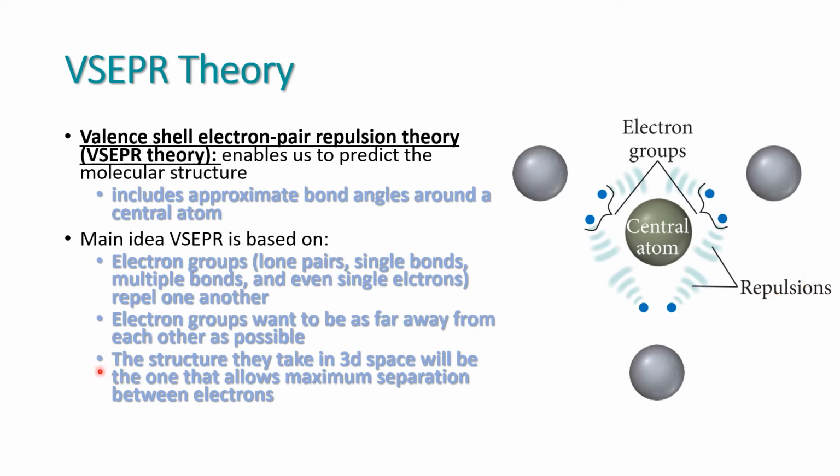So the shape that the compound will take is the one in 3D space that will allow the most separation, the most space between those electron groups. That's the main idea about VSEPR. Electron groups want to be as far away from each other as possible.